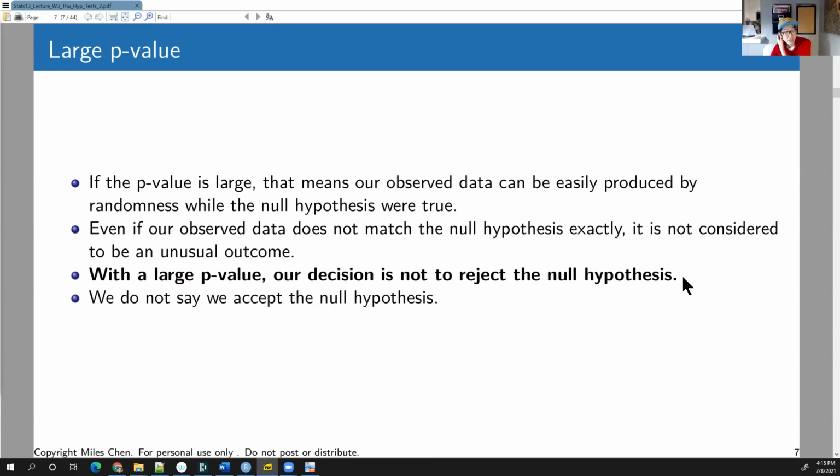Now we have to be careful, and we are not allowed to say that we accept the null hypothesis. And I'll get into this, but that's a key thing in statistics: you say we do not reject the null, but you cannot say that you accept the null. You are allowed to say you accept the alternative, but you cannot say you accept the null.